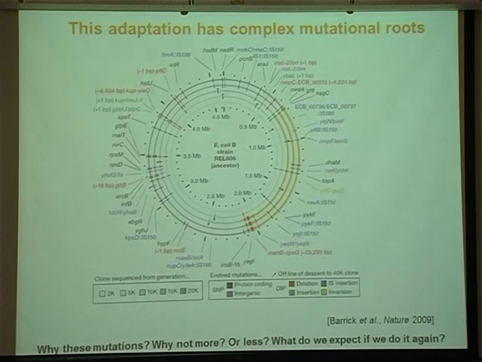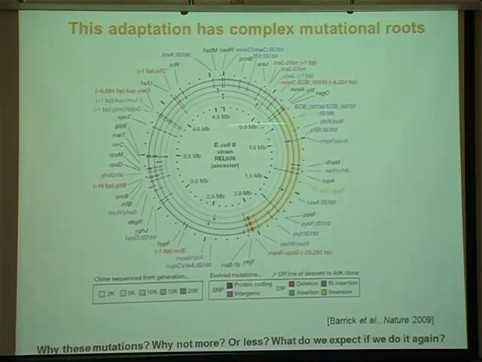These populations are definitely in this clonal interference regime where lots of stuff is going on. There's this traveling wave of fitness and so on. These mutations are either the strongly beneficial ones that were very likely to occur, or maybe some of them are lucky deleterious mutations, and those we wouldn't expect to see the same ones again. So we want to be able to understand this kind of question.